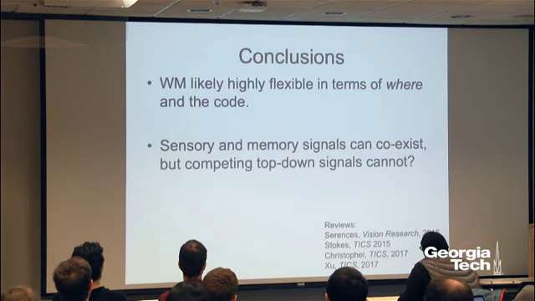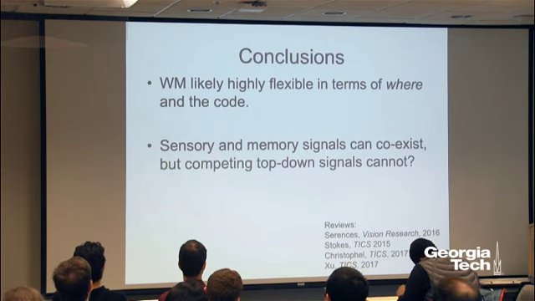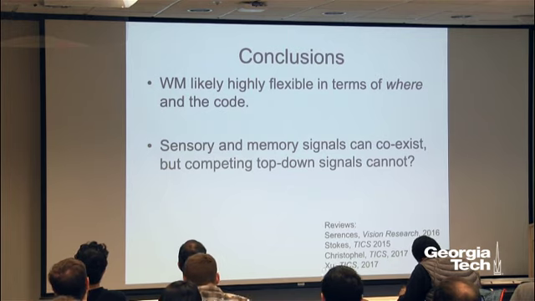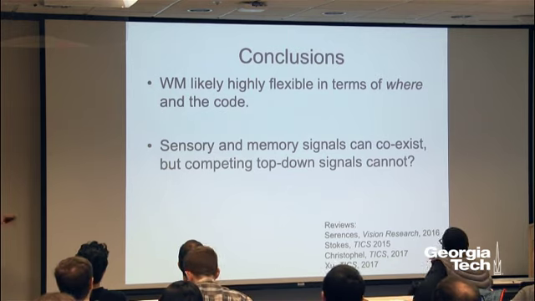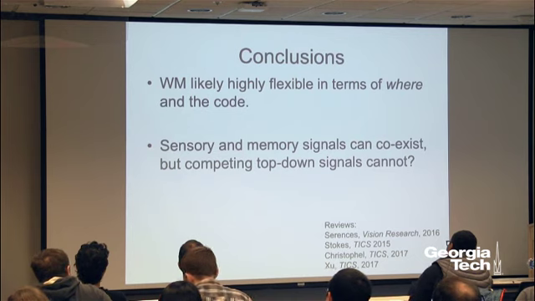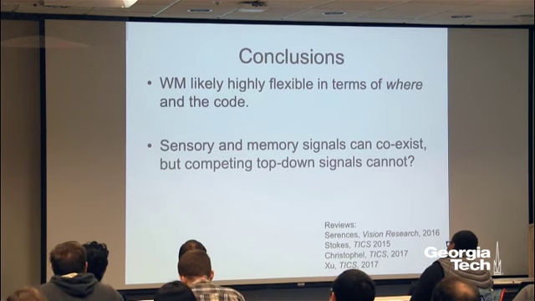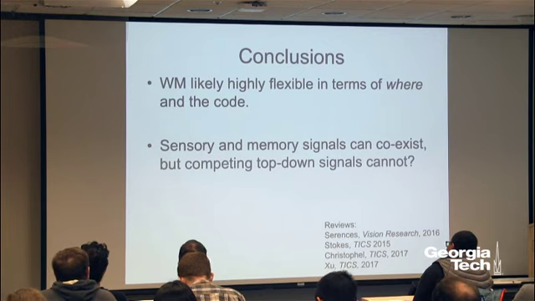Okay, so just to wrap up, I'll try and explain a little bit about where we stand on this. I started off with this sensory recruitment idea, that memories live in V1 or however you want to say it, and then walked through some very logical pushback on that, which is that's silly, it doesn't make sense.